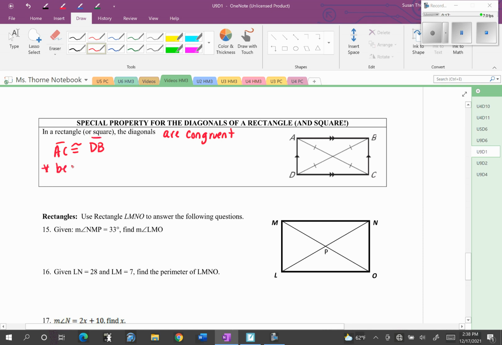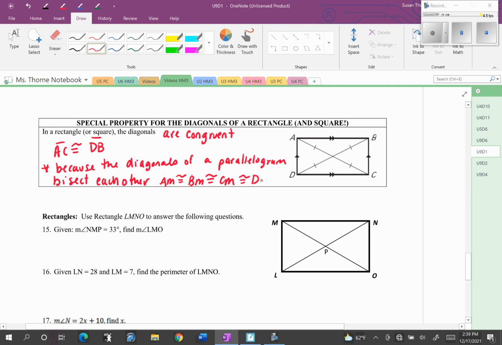And because the diagonals of a parallelogram bisect each other, AM is congruent to BM, which is congruent to CM, which is congruent to DM.